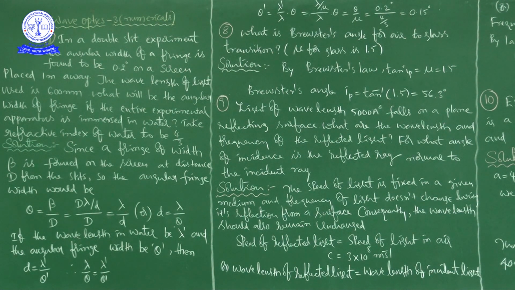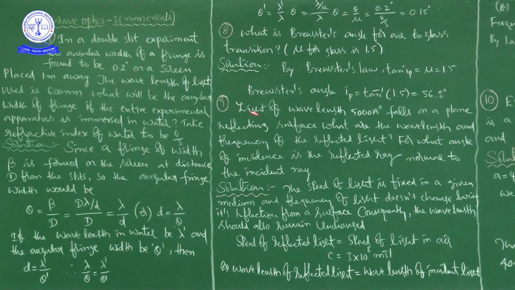Increases, decreases, remains the same, we cannot say. So finally, what is the answer here? Decreases. When you take the entire Young's double slit experimental setup from air to water, the angular fringe width will decrease. That is the thing we have to keep in mind to answer theoretical questions.